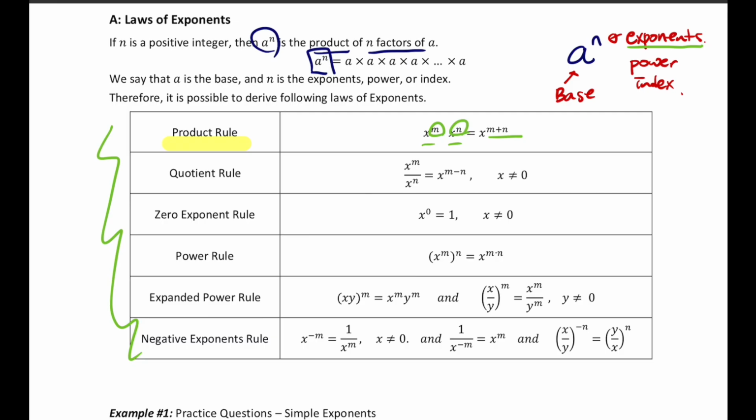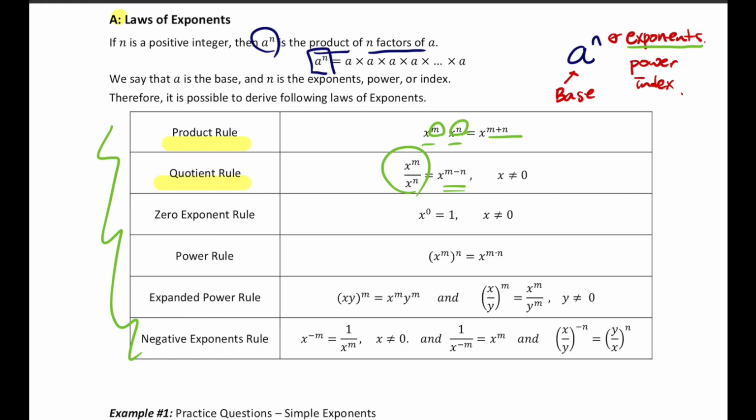The quotient rule means when you have cases like an exponent over another exponent, then we subtract the lower exponent from the upper exponent to find the summarized version.